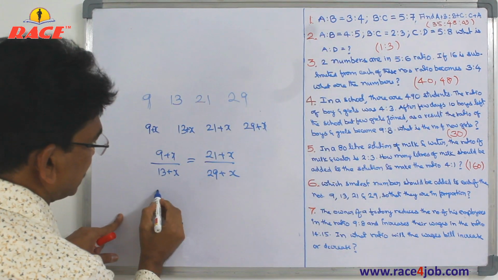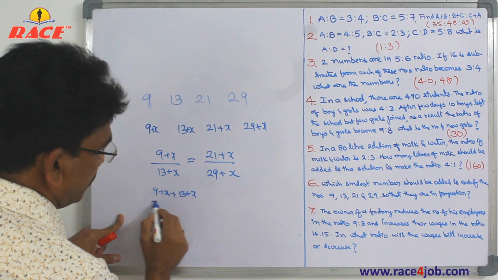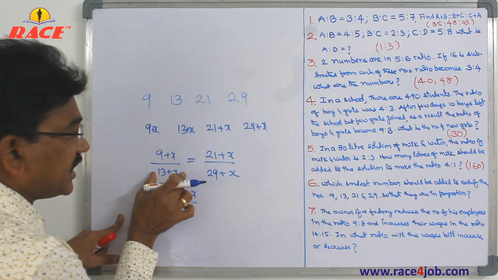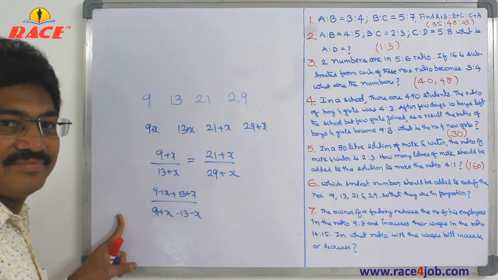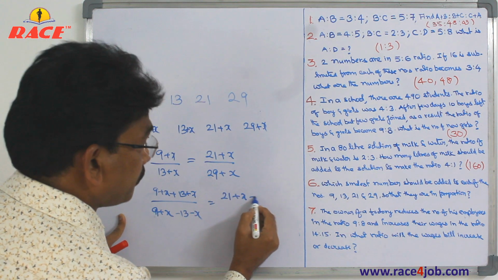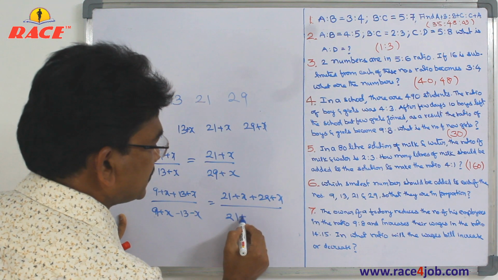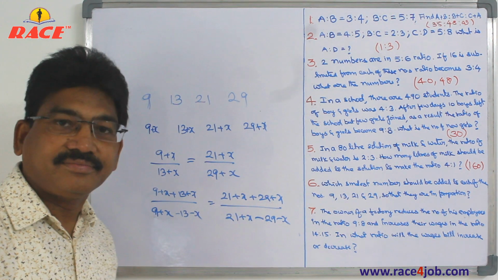Okay? (9 + x) + (13 + x) by (9 + x) - (13 + x). Minus (13 + x) means minus 13 minus x. And here (21 + x) + (29 + x) by (21 + x) - (29 + x), minus 29 minus x.